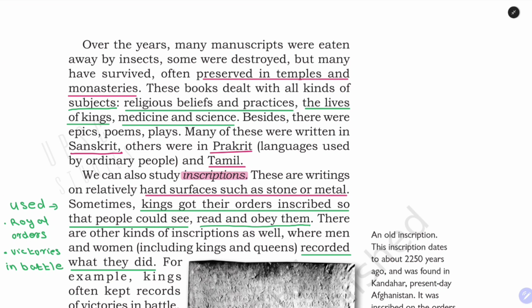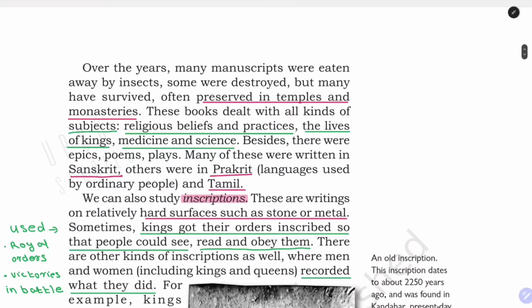By reading these books, we can know about our past. What kind of things can we learn from this? We can know about their religious beliefs and practices, the lives of kings, medicine and science.